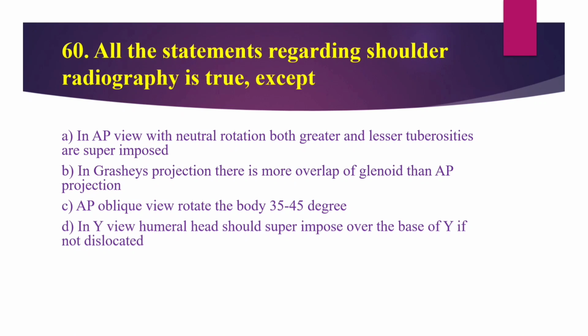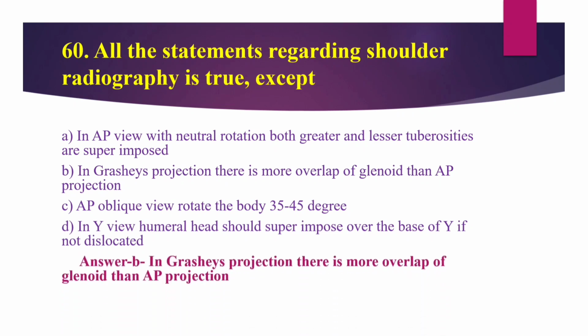And option D, in Y projection, means in Y view, the humeral head should superimpose over the base of Y if not dislocated. The answer is option B. In Grashey projection, there is more overlap of glenoid than AP projection.